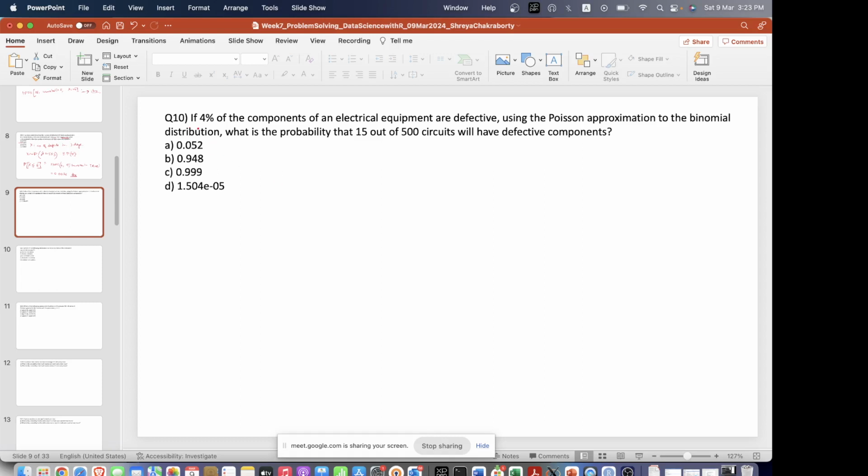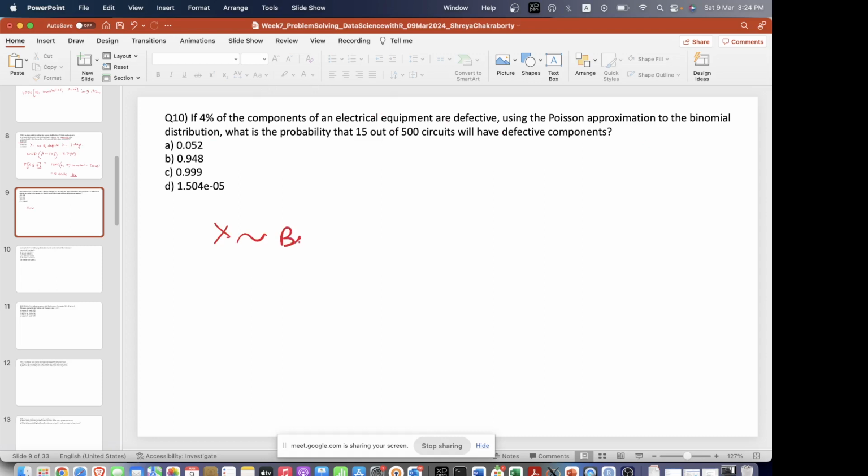So here it says if 4% of the components of an electrical equipment are defective, using Poisson approximation to the binomial distribution, what is the probability that 15 out of 500 circuits will have defective components? So what is this Poisson approximation to binomial distribution?